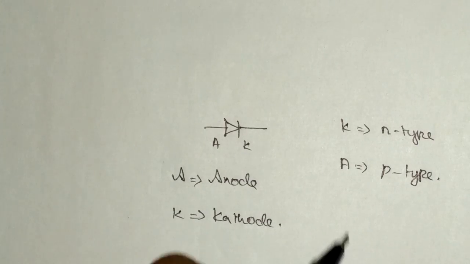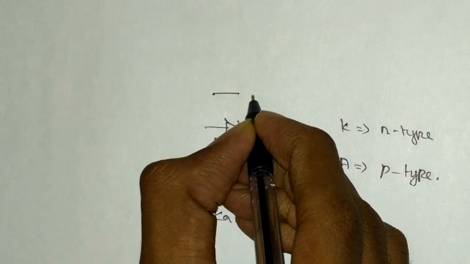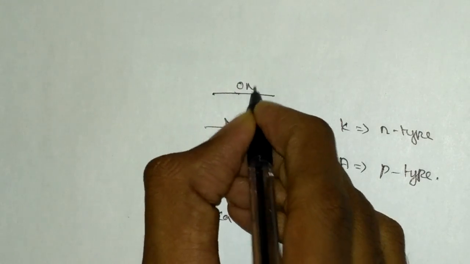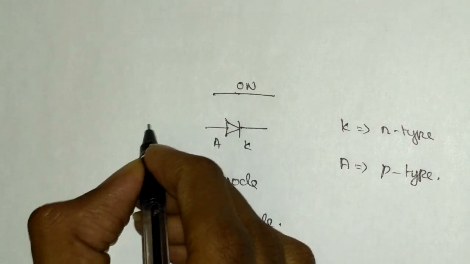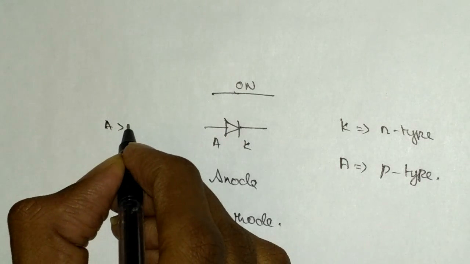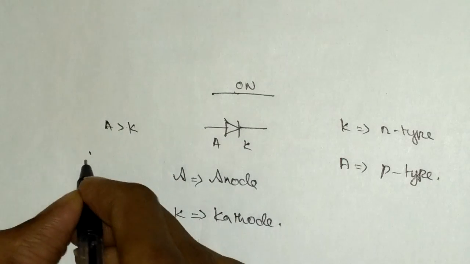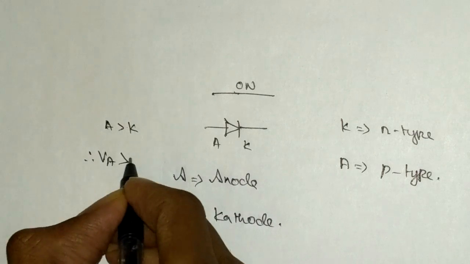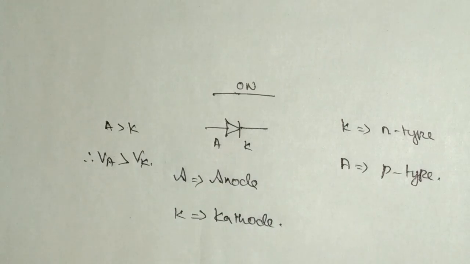To make the diode conduct, the anode should have a voltage greater than the cathode. Therefore, Va should be greater than Vk.